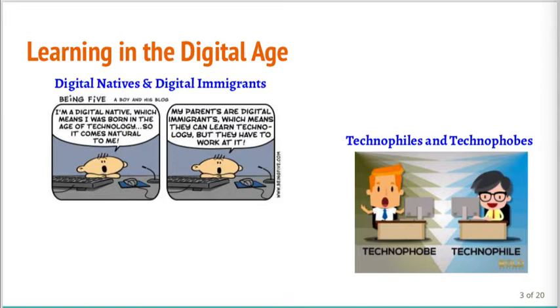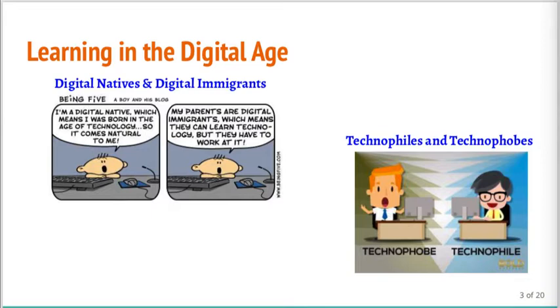Those who never migrate to the new technology at all, we can term them the aliens: those who don't want to move to digital technology. I don't want to go more into that. Digital natives and digital immigrants is enough.